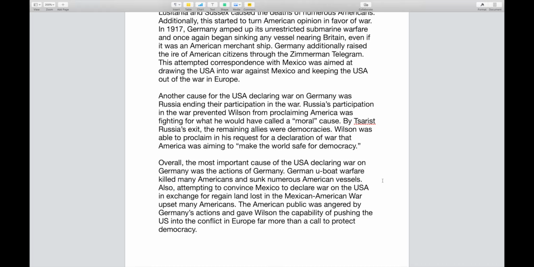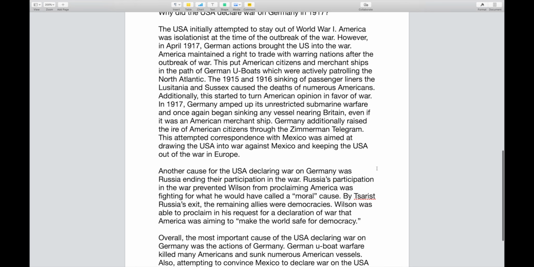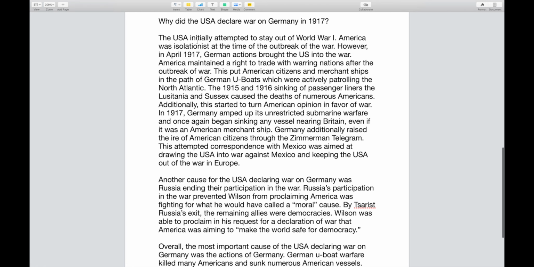Quick overview of what I did here. If you see here, I started with a little intro about the United States staying out of the war initially and why the United States stayed out. So it helps give a background that the United States wasn't war hungry at the time World War I was going on. I specifically state that Germany helped cause the United States to enter the war.